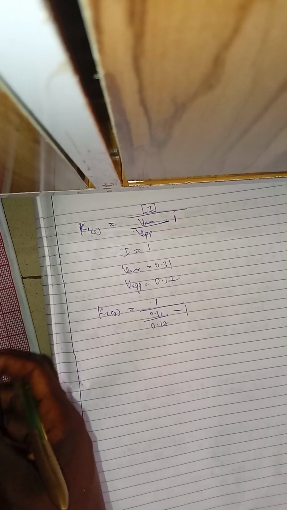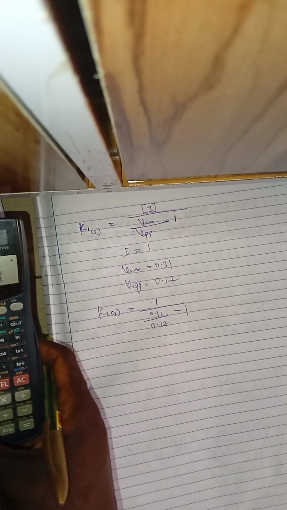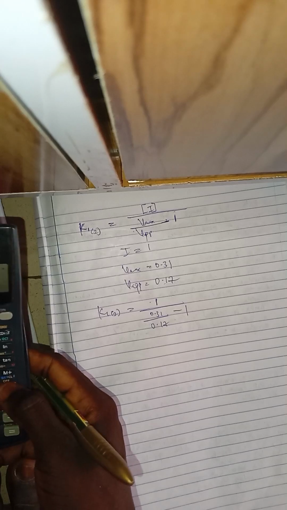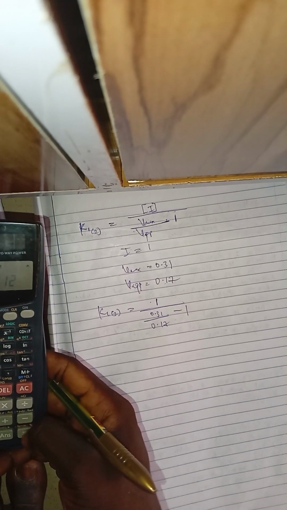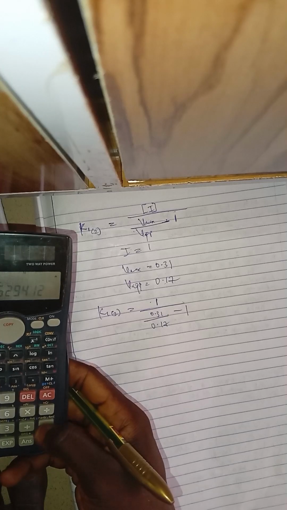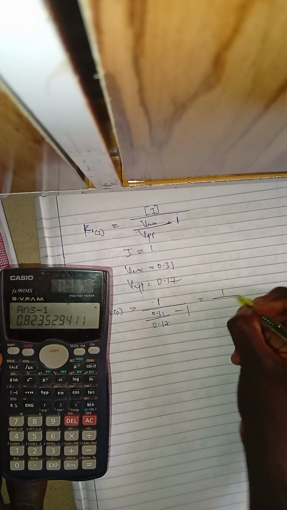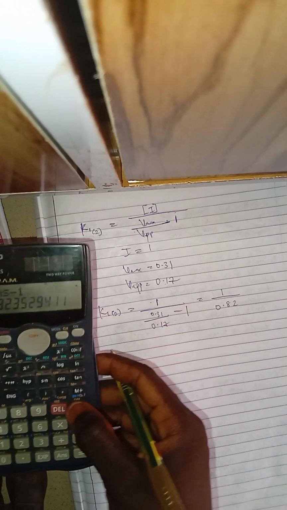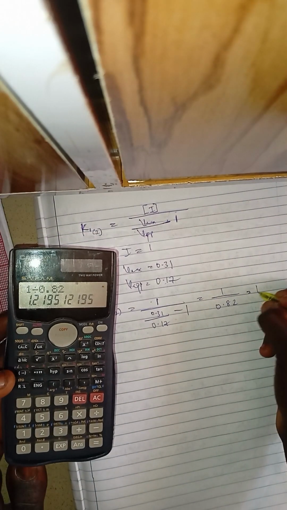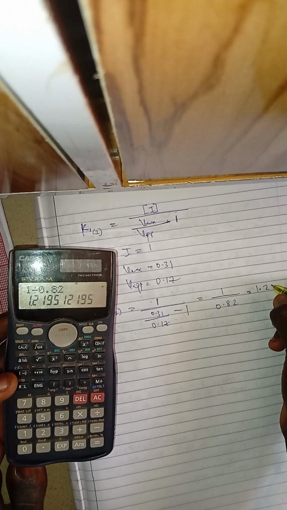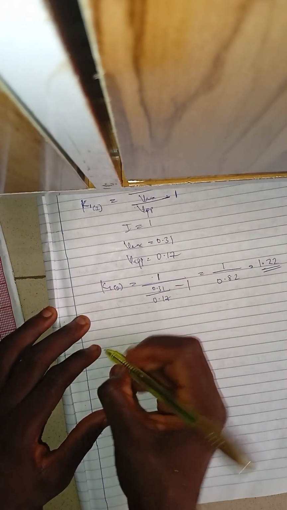So we do 0.31 divided by 0.17, then subtract 1. We get 0.82. So we have 1 divided by 0.82, which is something like 1.22 as our second Ki. You understand? Again, you do the same for the third Ki.